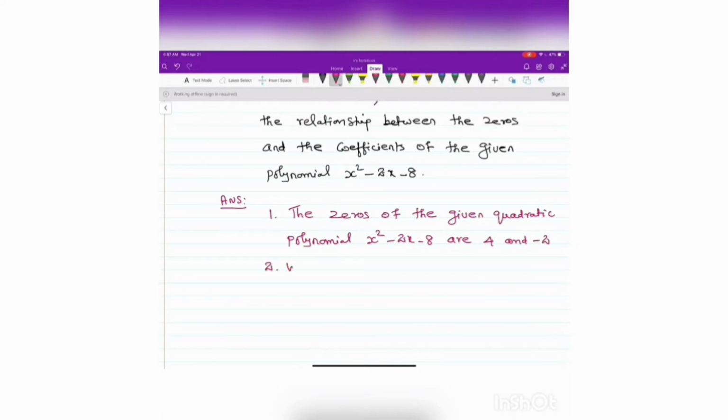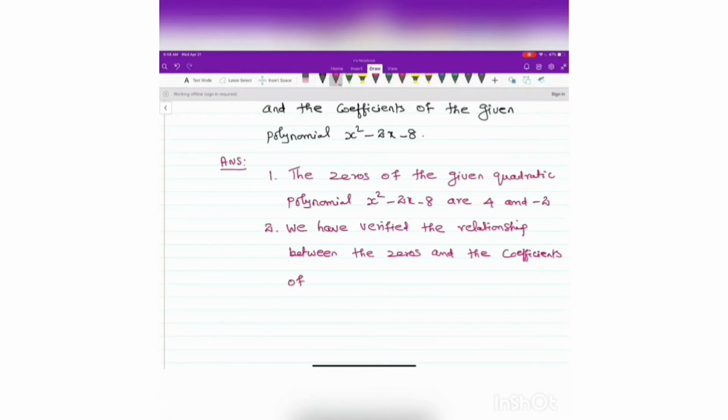The second part, we have verified the relationship between the zeros and the coefficients of the given polynomial x square minus 2x minus 8.